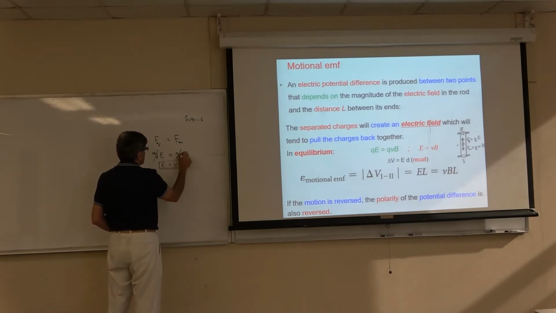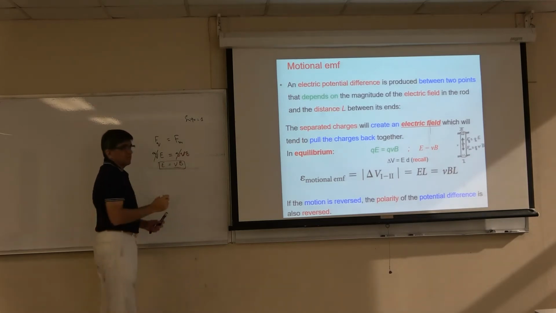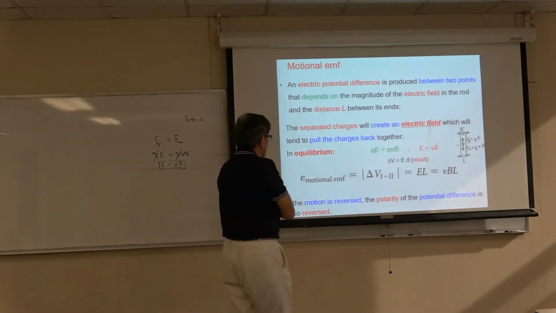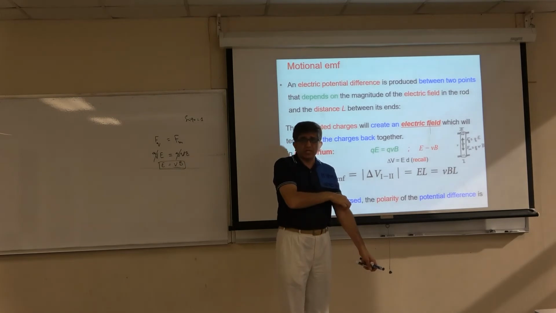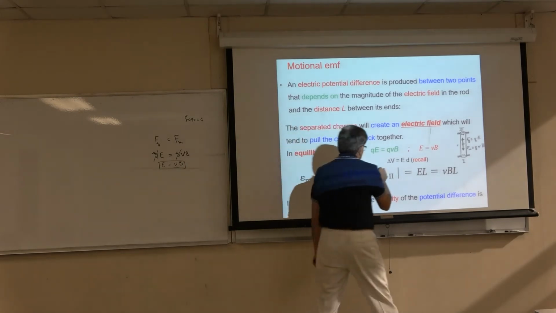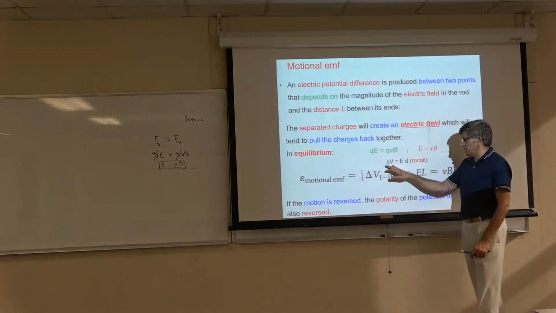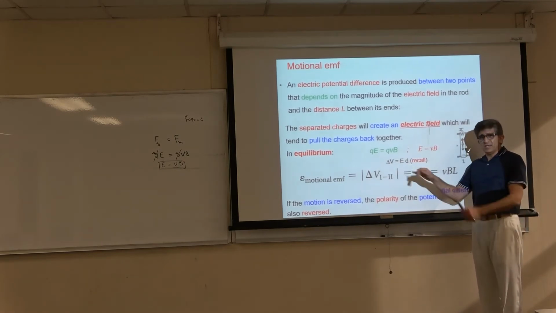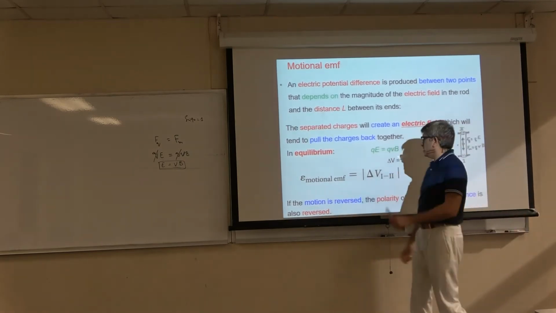Let's put a tilted V, so that this is the velocity, to differentiate it from the potential. Now keep in mind, as we learned in the previous chapter, the potential difference has a relation with the electric field times the distance between the two points.